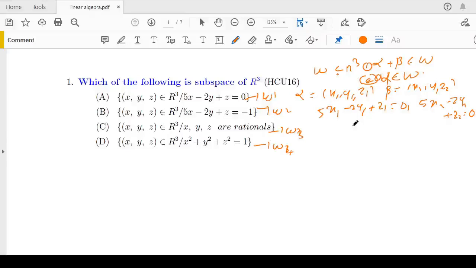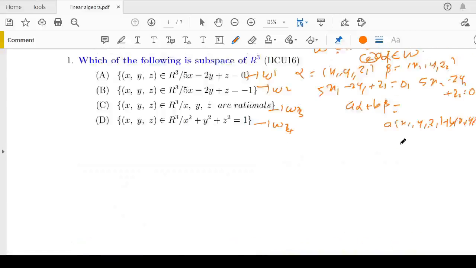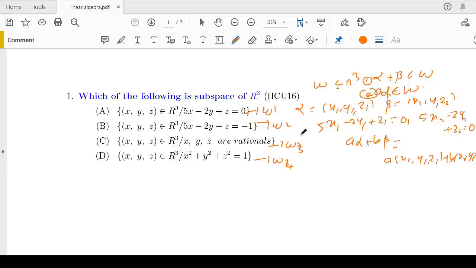Now consider a alpha plus b beta, which is a times (x1, y1, z1) plus b times (x2, y2, z2). This equals (a x1 plus b x2, a y1 plus b y2, a z1 plus b z2).